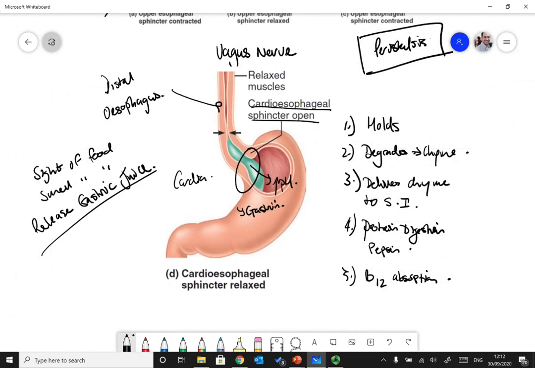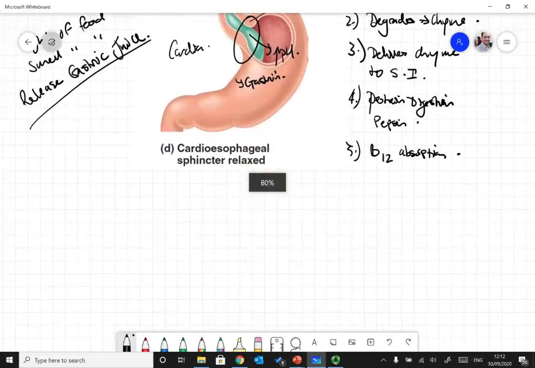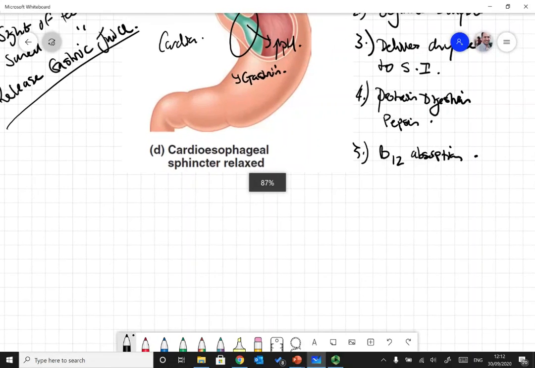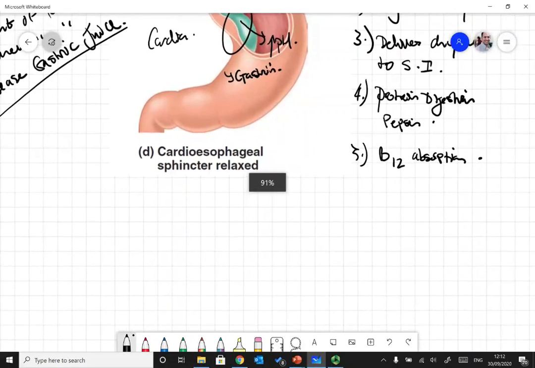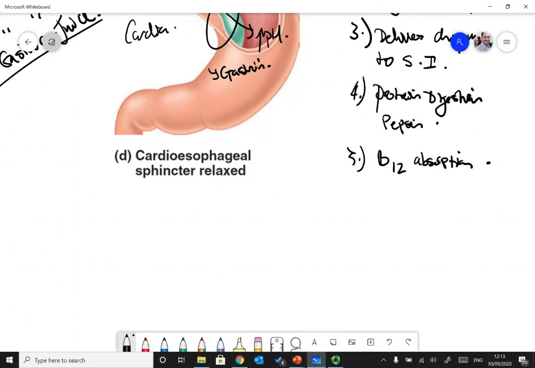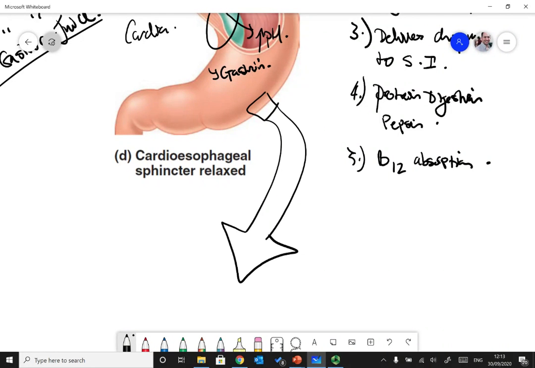Now we've got our first little bit of real physiology to do. So let's just take a little bit of the wall of this stomach, and let's zoom it out.